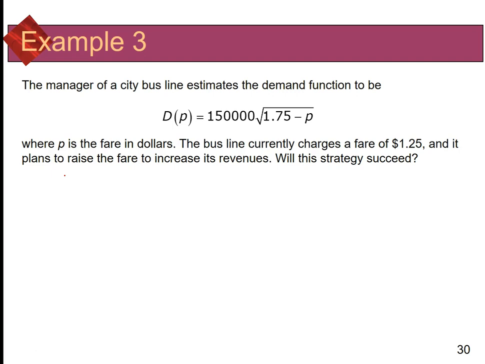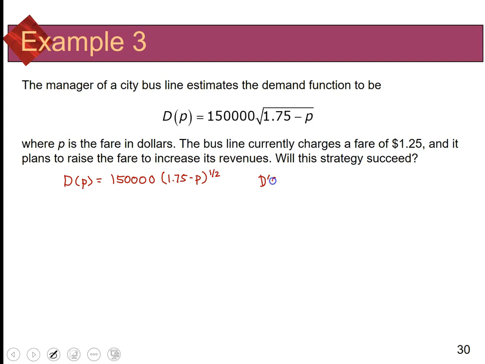So the first thing I'm going to do is take the derivative of D of P, which is 150,000 times 1.75 minus P to the 1/2 power.